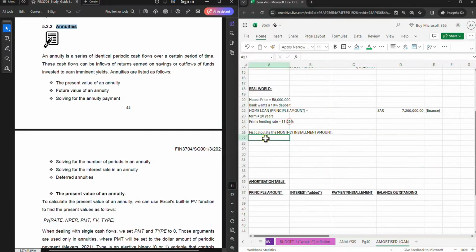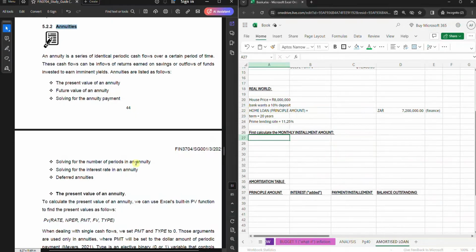Just remember, in reality, the rates can change. If the rates change, then you would have to update the table for the change in rates, and your installment will change. So if the rate changes, the bank will update your monthly amount. I'm sure you might have seen this if you have a home loan or any form of financing.